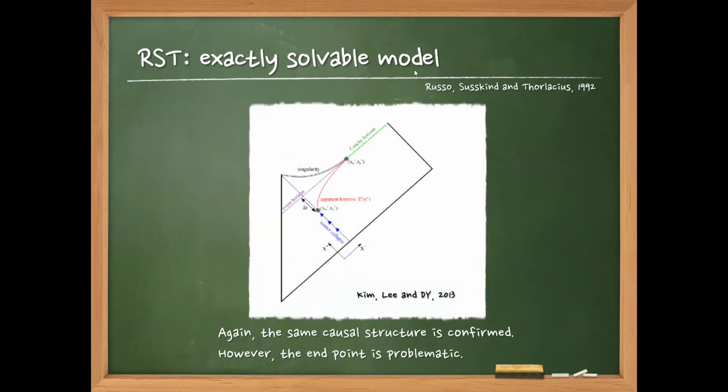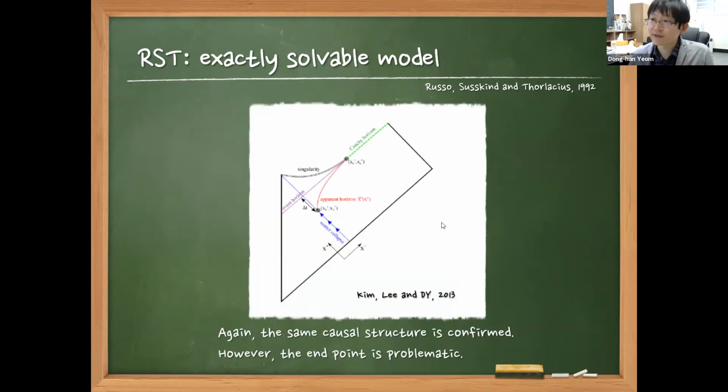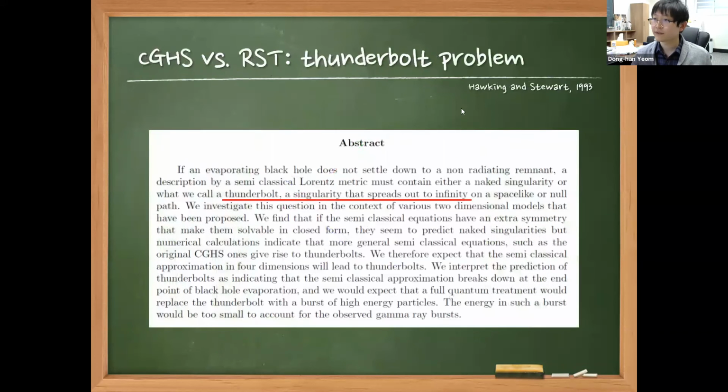Okay, so this is the causal structure of the RST model, and one negative point is that the horizon and singularity cross even beyond the endpoint of the evaporation in the RST model. So in Hawking and Stewart in 1993, they conjectured that if the singularity and apparent horizon approach, then eventually they will form a thunderbolt singularity.